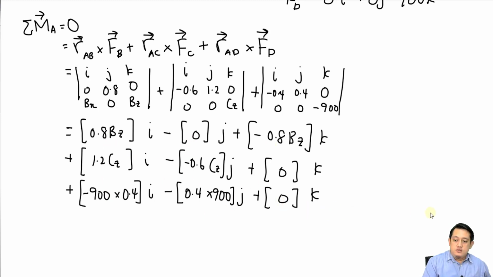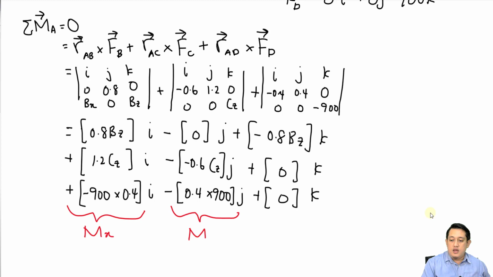I here represents Mx, J here represents My, and K here represents Mz.